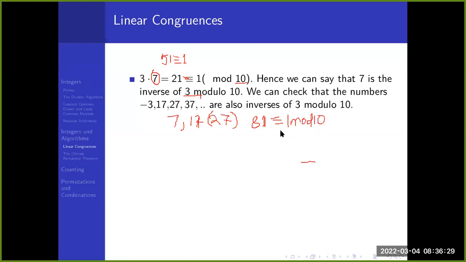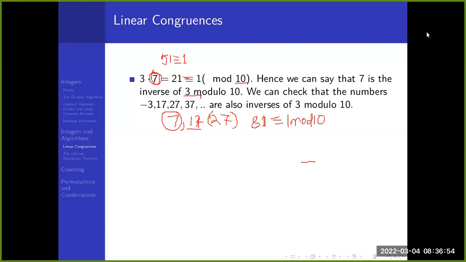So 81 is congruent to 1 modulo 10. And this will be true for any other number that differs by a multiple of 10. So any number that differs from 7 by a multiple of 10 will be congruent to 7 modulo 10, and all of them will work if you replace 7 with those numbers. So there's a very long, infinite set of numbers that will work.